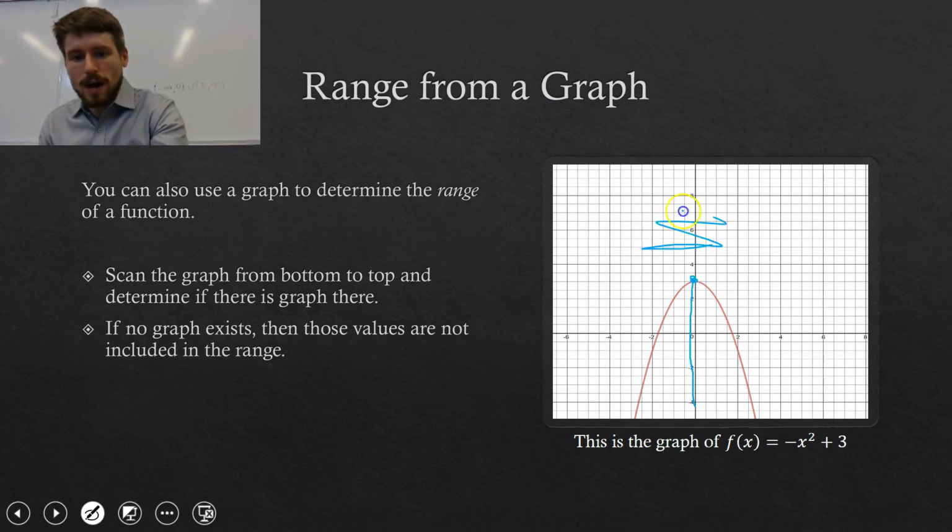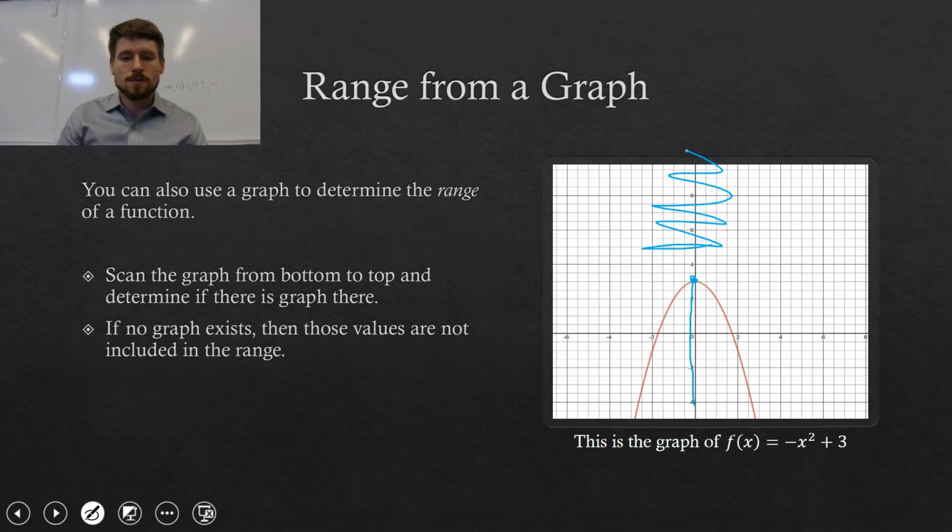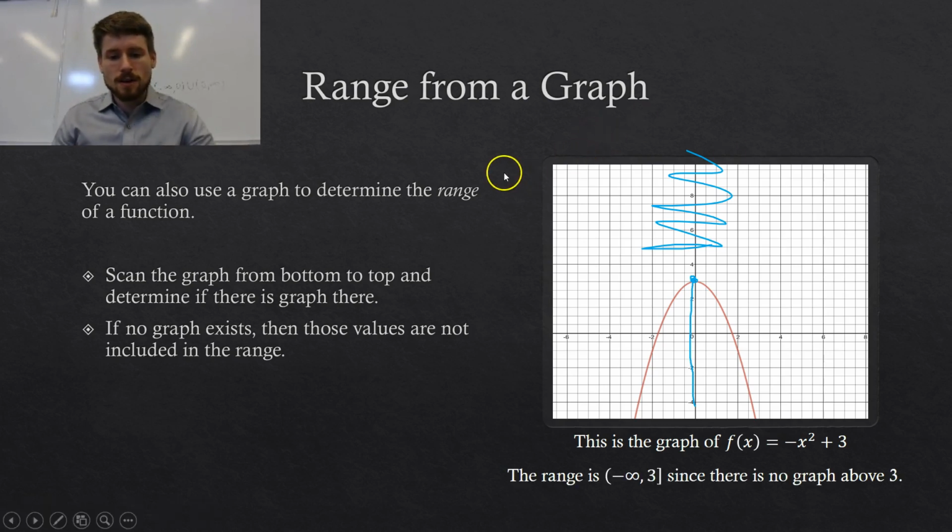And then there's no graph up here above f of x equals 3. So 3 is at the top of our graph. And so from that, we can determine our range goes from negative infinity, because these keep going, up to 3, and then we stop there. And we get 3 as well from that. So there's no graph above 3, so that's why this is our range.